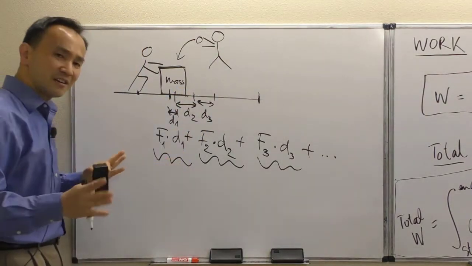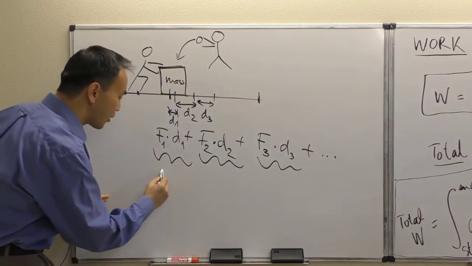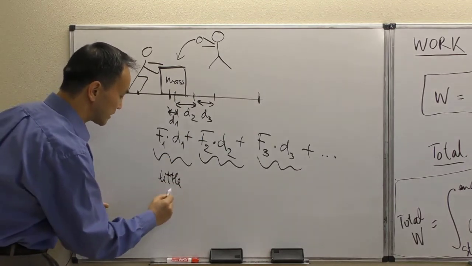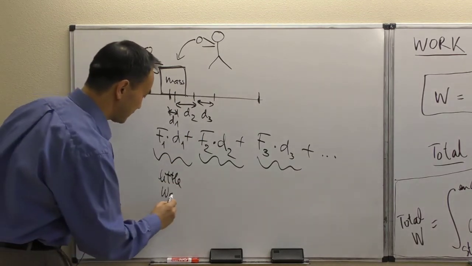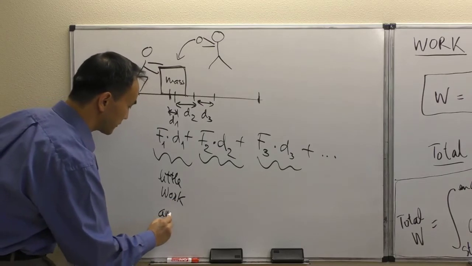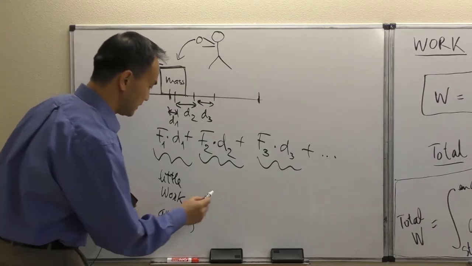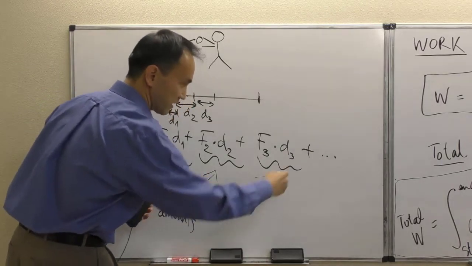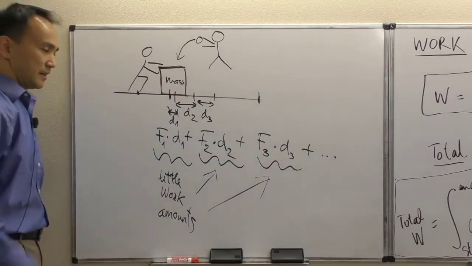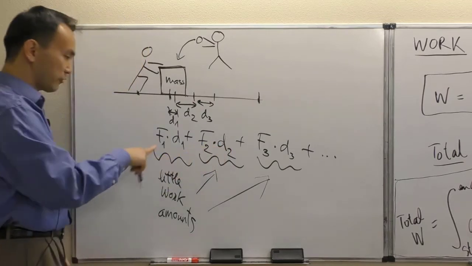But in the end, fundamentally, each one of these is what I refer to as a little work amount. Okay? Little work amounts. See, these are all the little work amounts right there, and we can expect a lot more. That's what I'm doing here, accumulating.